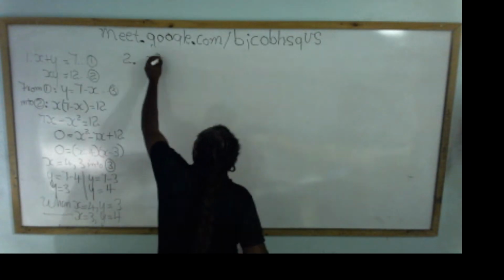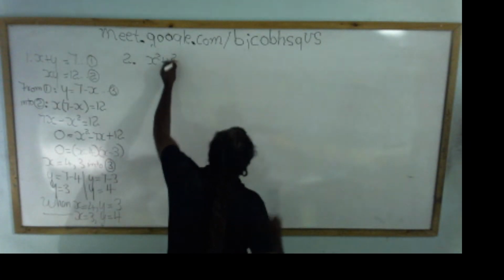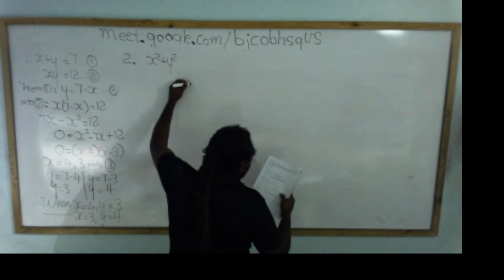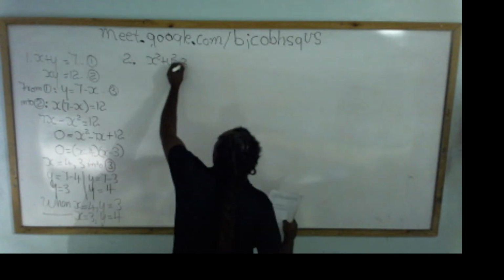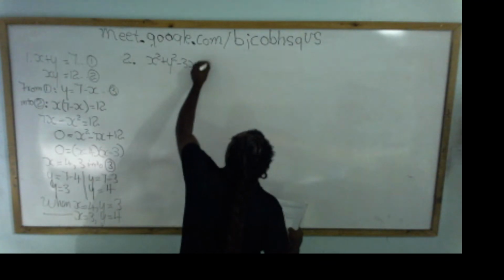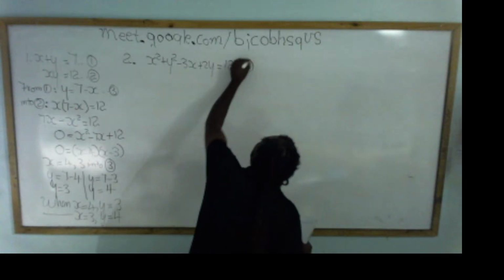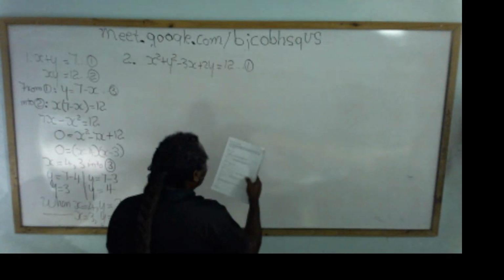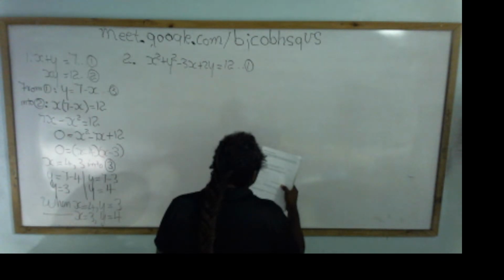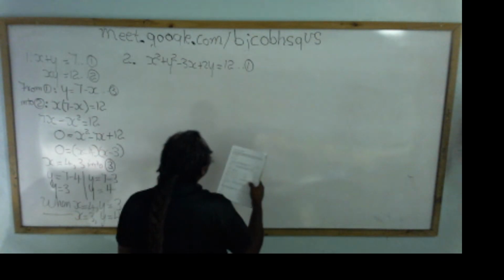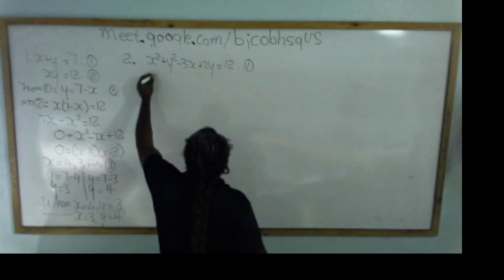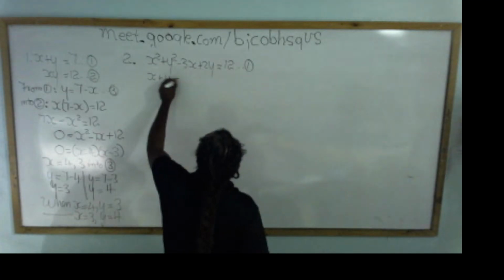x squared plus y squared minus 3x plus 2y is equal to 12. That is your equation 1, students. And then what do we say for equation 2? x plus y is equal to 6. x plus y is equal to 6, and that is equation 2.